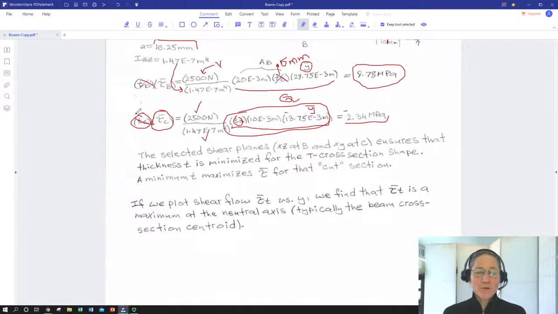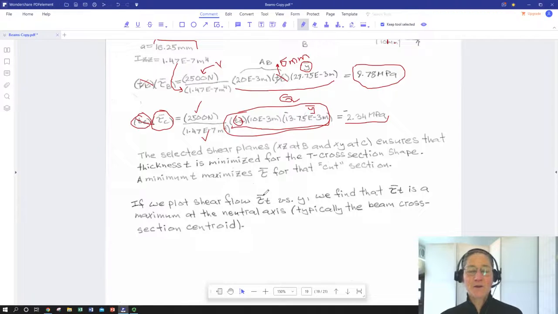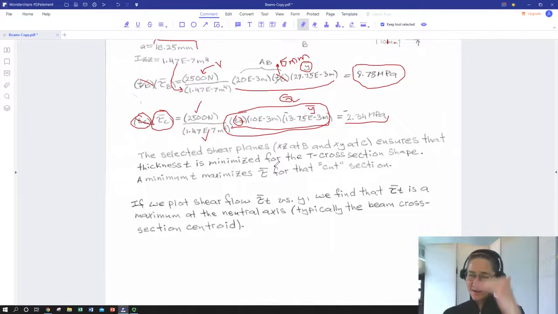And then more important, we found that there was some dependence with y, mainly through area, which gave us locations on the cross-section of our maximum average shear stress. So we got a tau bar max near the neutral axis, up and down, and near the centroid of the beam as we went, if we looked laterally in the z direction, right where those flanges intersected the web.